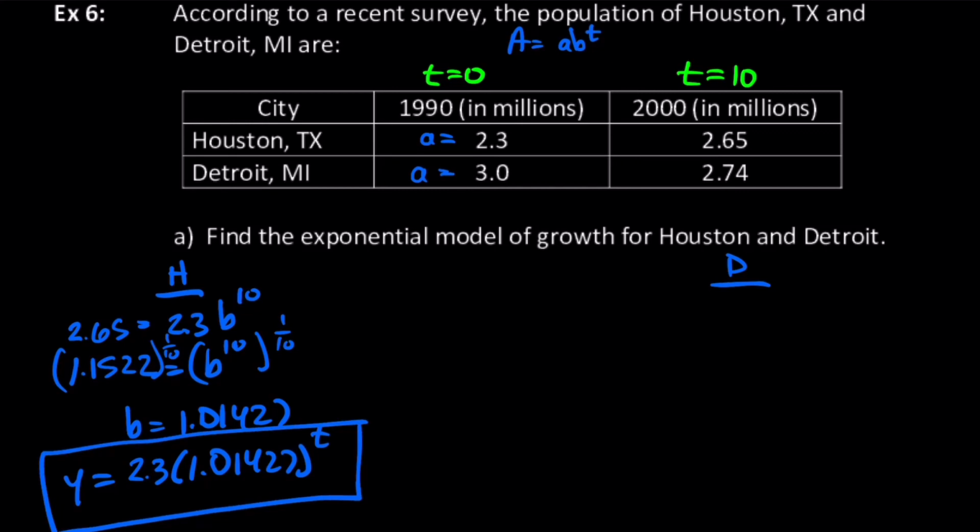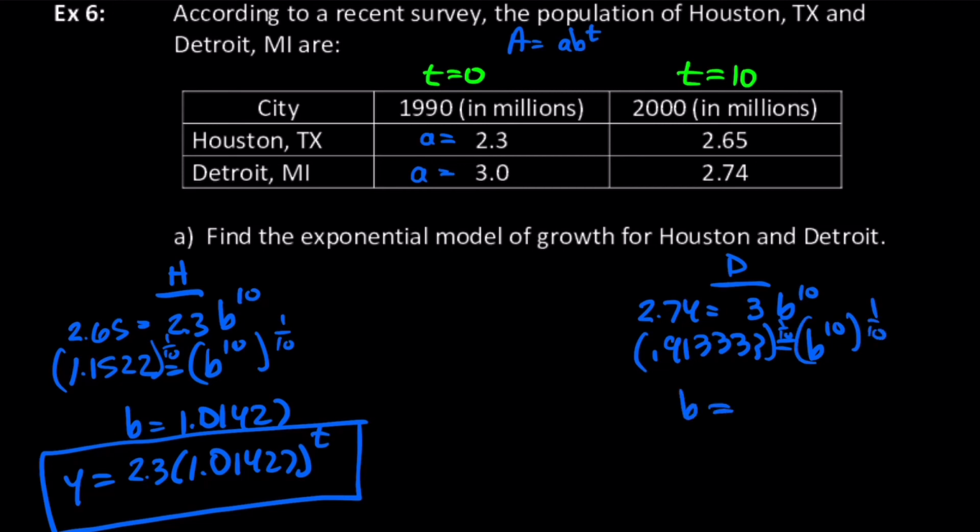Now for Detroit, just same process, different numbers. 2.74 equals 3 b to the 10th. Divide by 3, I got 0.9133 repeating. So let me throw a couple more in there. Equals b to the 10th. Take both sides to the 1 over 10 power.